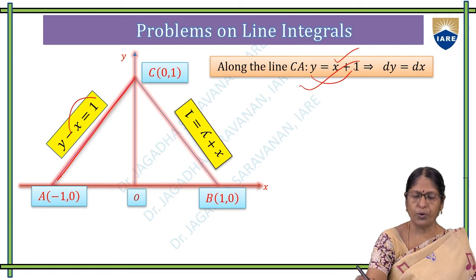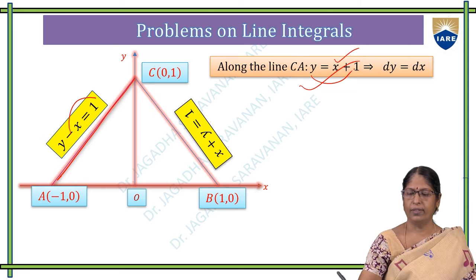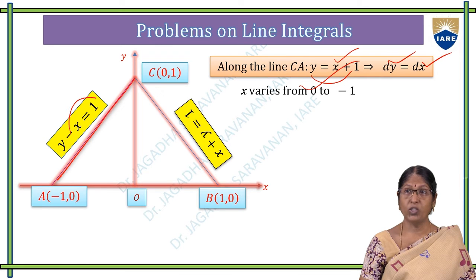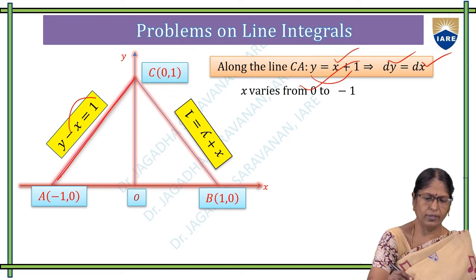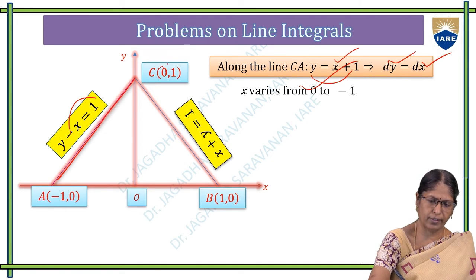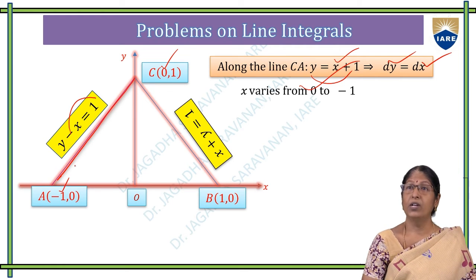On both sides we do the differentiation, that is dy equal to dx. X varies from 0 to minus 1. Easily we can see from the figure, x is 0 here, minus 1 here. Very simple one. So x varies from 0 to minus 1.